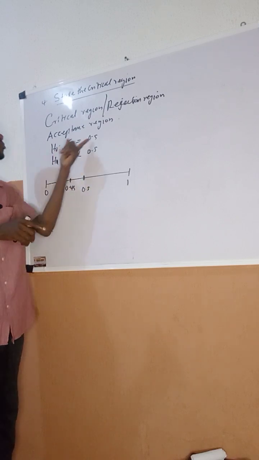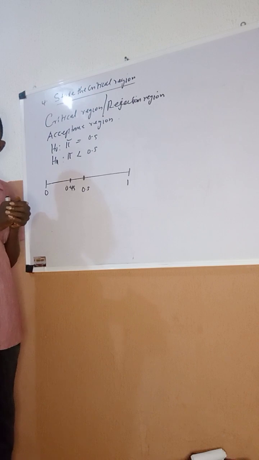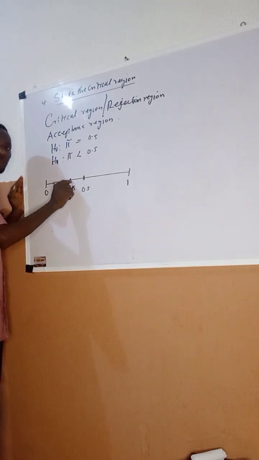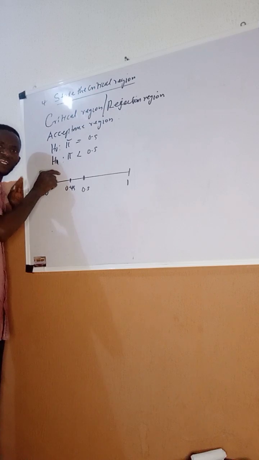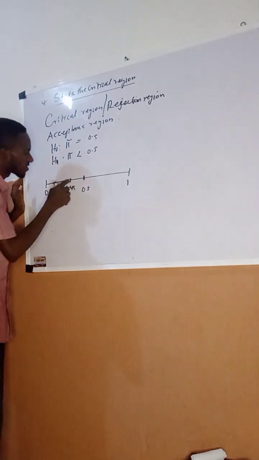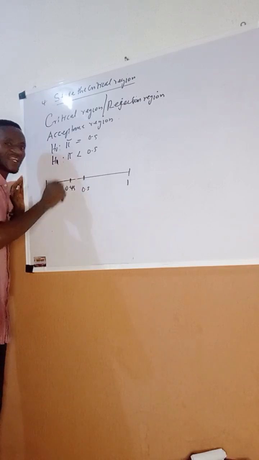In that case, you are not going to reject this claim that this person made. So from 0 to 0.45 is what you are defining here to be your critical region.